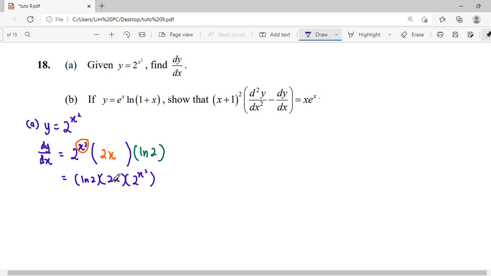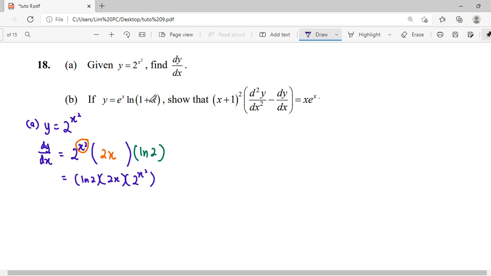We cannot combine it with the 2 to become ln 4. If we take ln 2 as a decimal and times it by 2, that is okay, but turning it into ln 4 is not okay. So we just leave our answer like this. That is our first differentiation for question A.